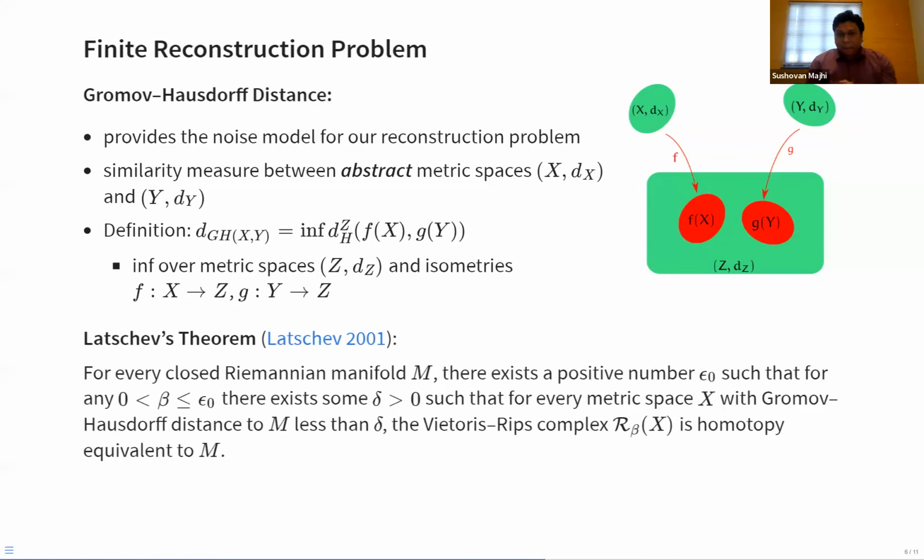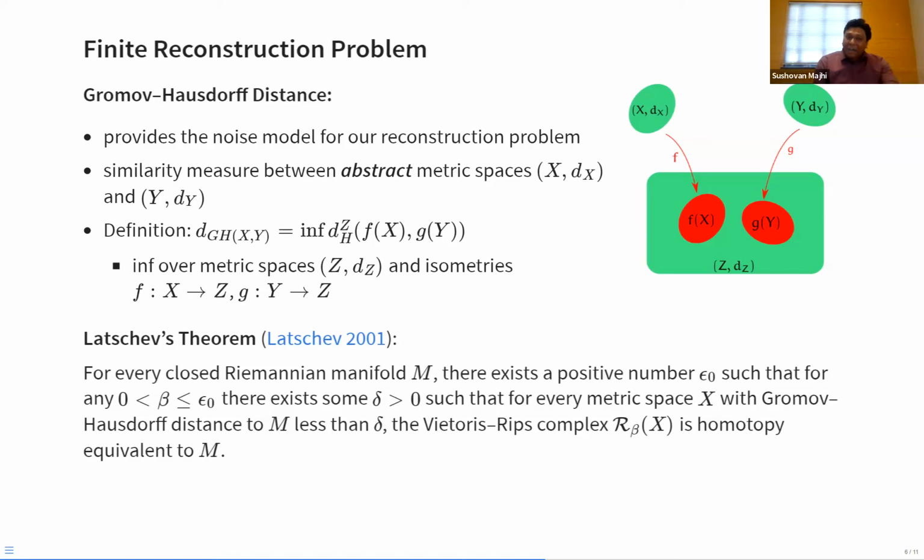All right, now using this error scheme in terms of Gromov-Hausdorff distance, we can talk about Latschev's theorem. Latschev's theorem is answering Hausmann's original question, but qualitatively. It says if you have a closed Riemannian manifold M, then it's possible to find a positive number, epsilon naught.